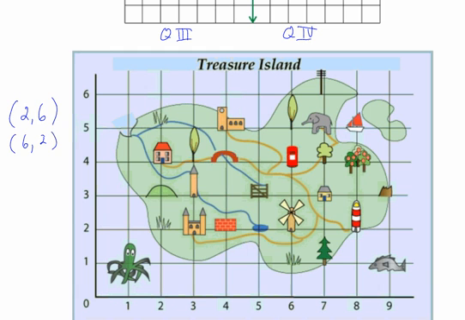Let me ask you something. This axis right here along the bottom, which one would it be? X. Okay, I agree. And this axis going up here would be the what? Y. Okay, so let's see what Brendan did and let's see what Kristen did.